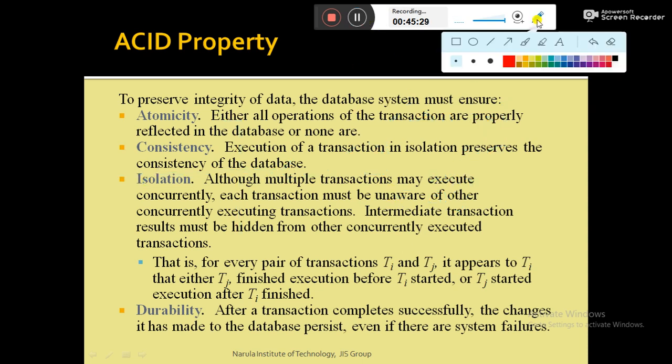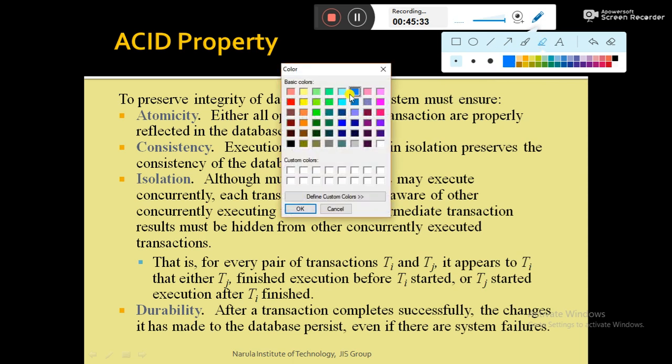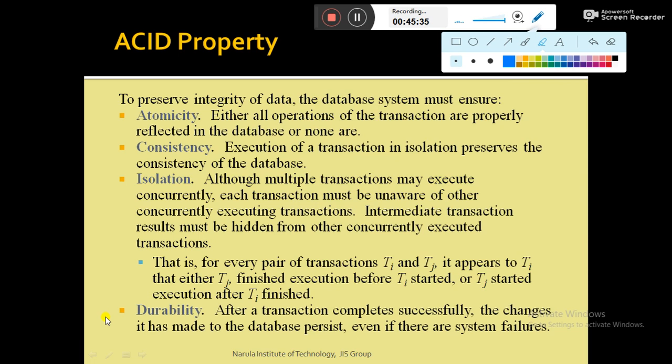The next property of the ACID properties is the durability property. It says that after a transaction completes its execution successfully, the changes the transaction has made to the database persist even if there is a system failure.